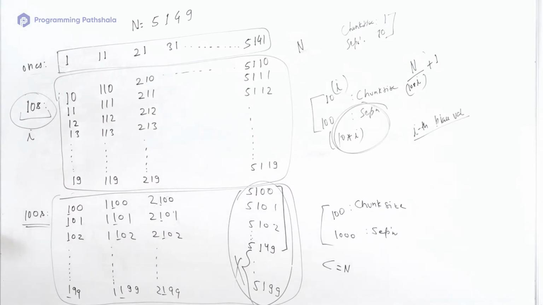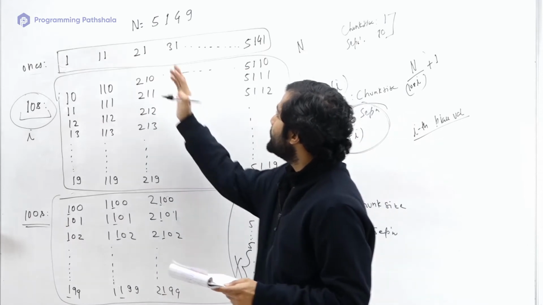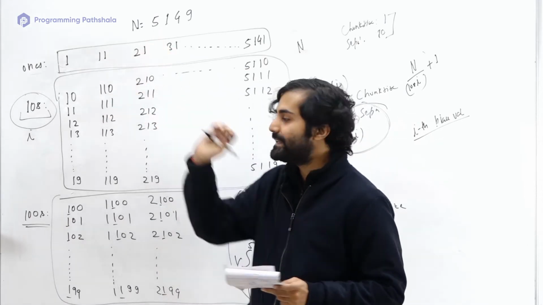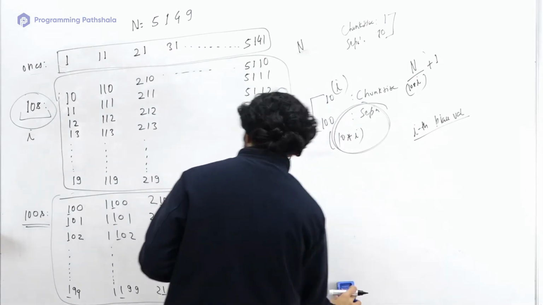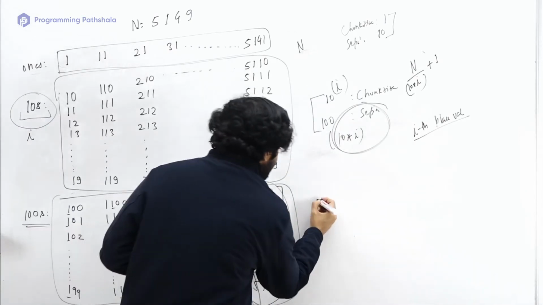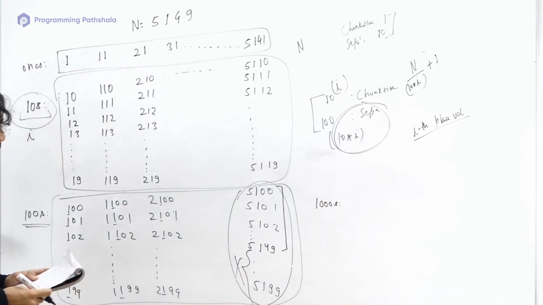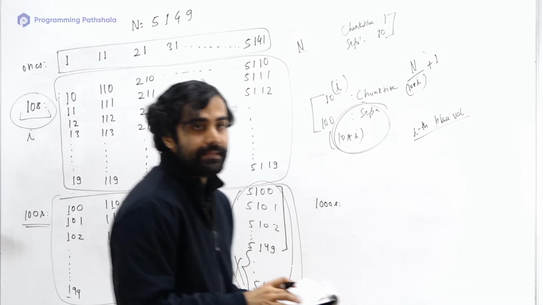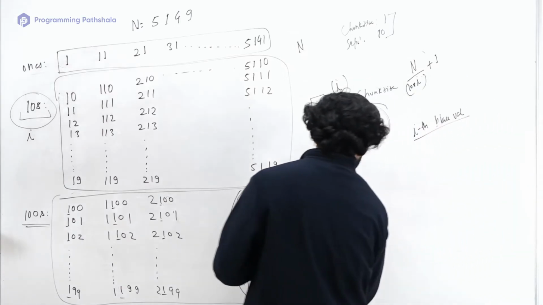I think I haven't taken the final chunk here. The final family over here will be the family of thousands place value. So if you talk about thousands place value, let's do that quickly. In thousands place value, what will be the smallest number that has a 1 at its thousands place value? The smallest number having a 1 at its thousands place value will be 1000 only, right?